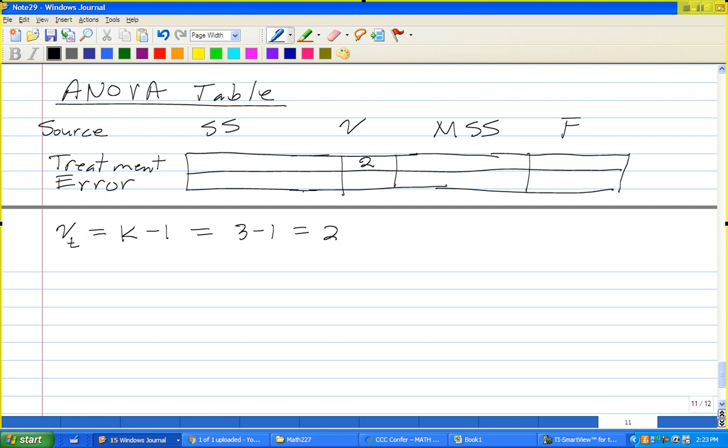Now let's try to find the sum of the squares. So let's figure out the mean.